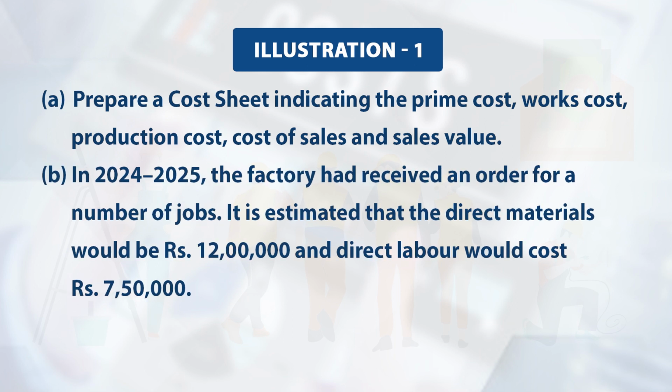In 2024-25, the factory had received an order for a number of jobs. It is estimated that the direct material would be rupees 12 lakh and direct labor would cost rupees 7 lakh 50,000.